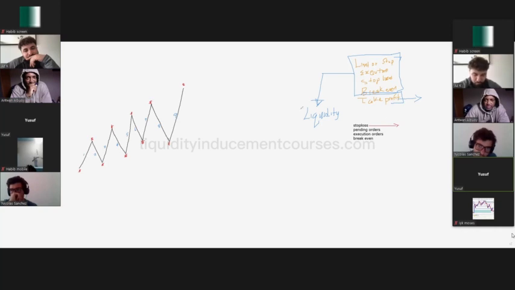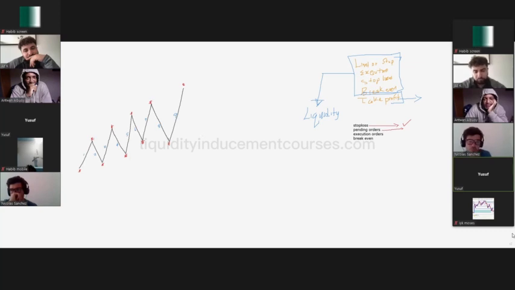All right. So you see, we have liquidity. This has been tackled. What about pending orders? Pending orders we have mostly for breakout traders and then reversal traders, right?